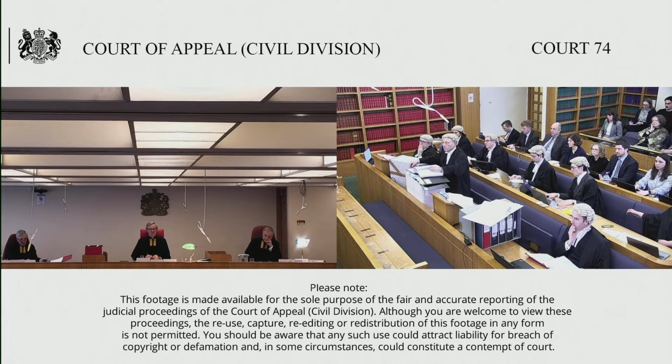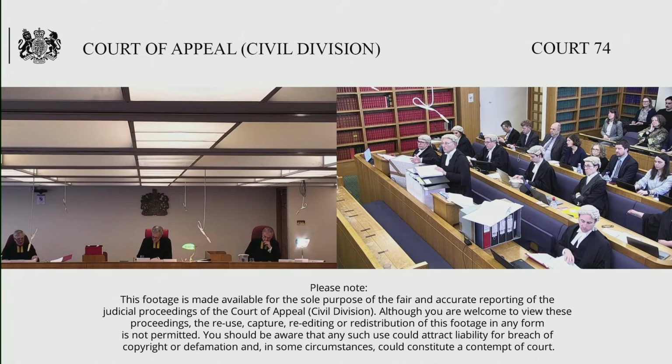Correct. So ground 1 only deals with the sums in paragraph 4. Yes. And we were not asking for the money for ourselves, we were asking for the money to be paid to EVML, who themselves had not made a Section 124 application.